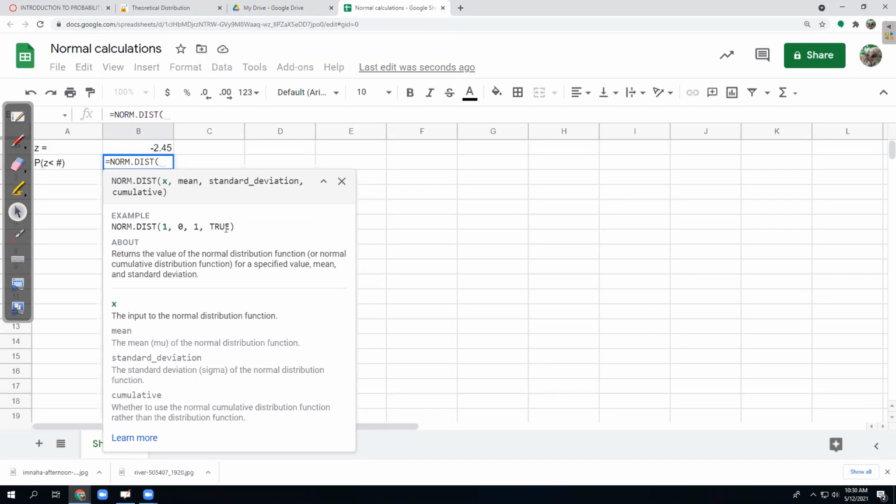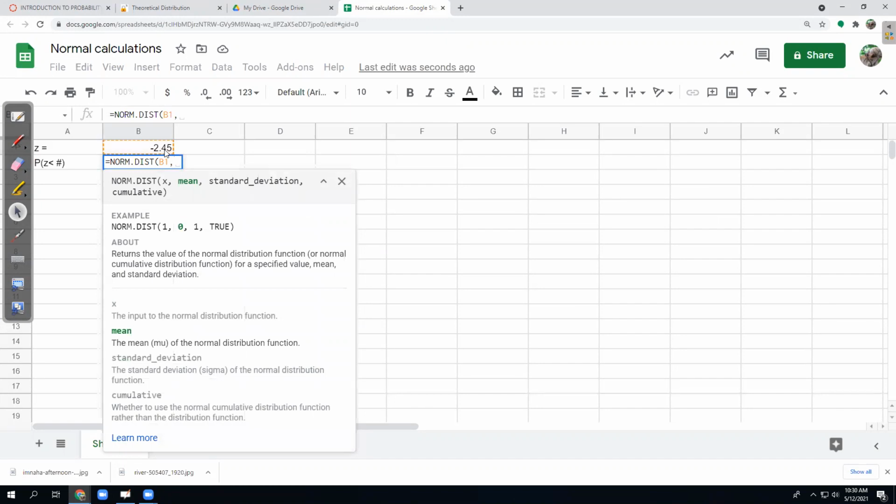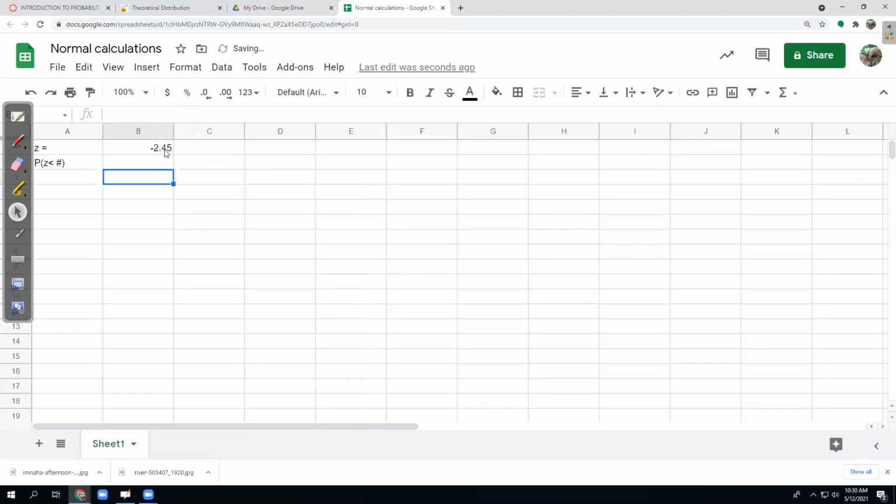We could put false, but don't. It's meaningless for 99.99999% of humans. Here, my x value is above. This is a z-score, so the mean of z-scores is 0, and the spread of z-scores is 1. Then I just do true, close parentheses, enter, and I get the same number as StatKey with a ton more decimals.